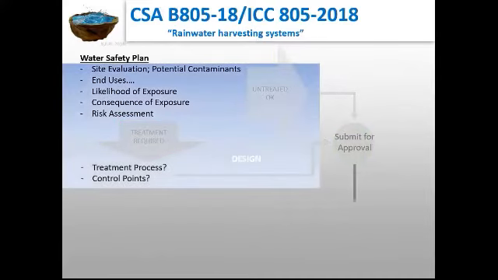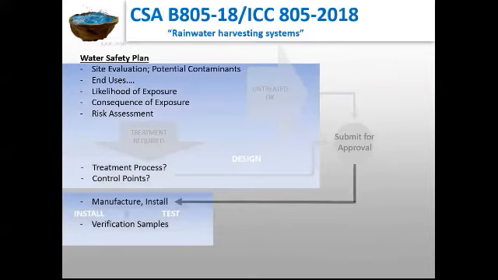Once things have been approved, it goes to an installing and testing phase where things are manufactured, put together, assembled, installed, and then tested with verification samples, and the risk assessment based on what the design criteria is and seeing how things are actually working.